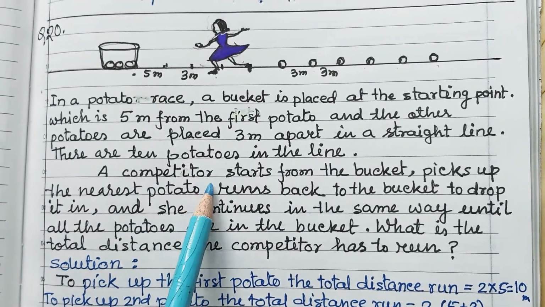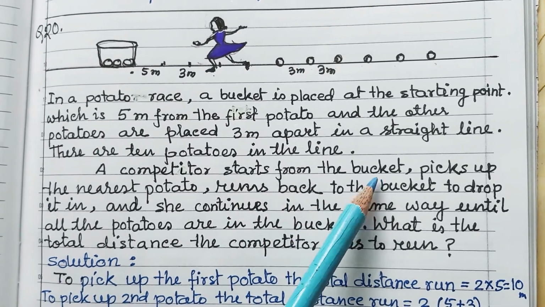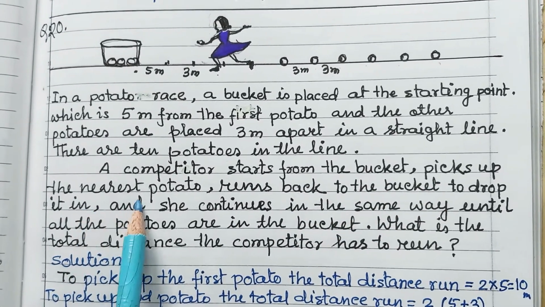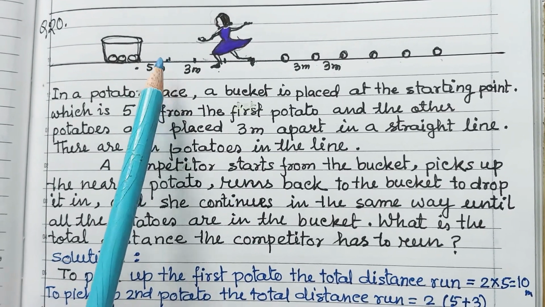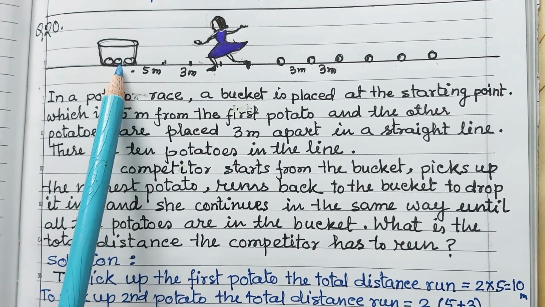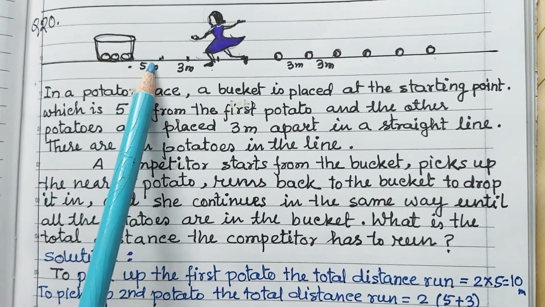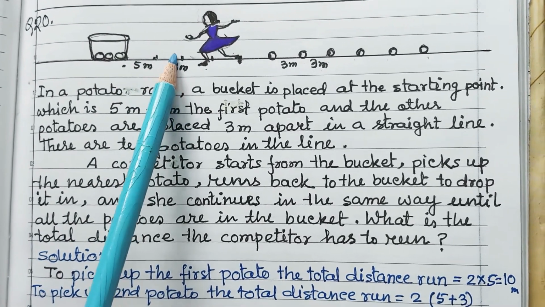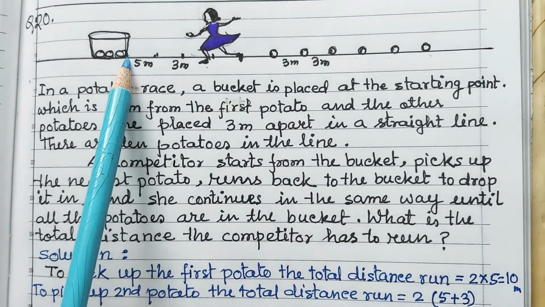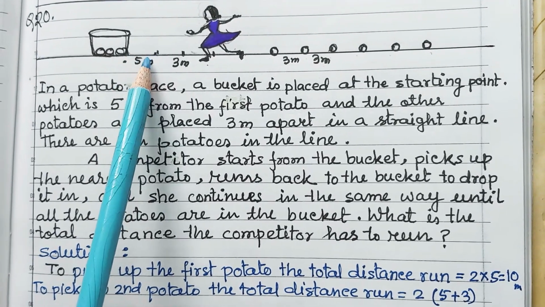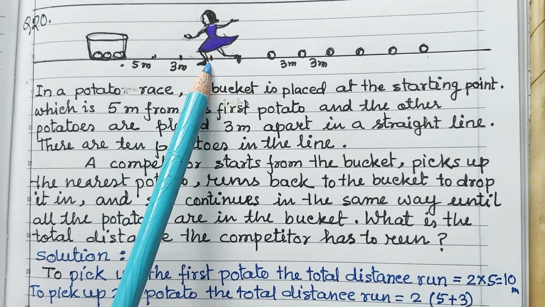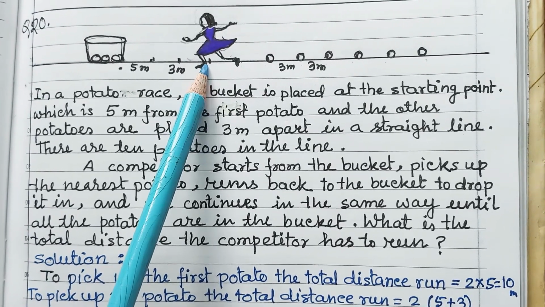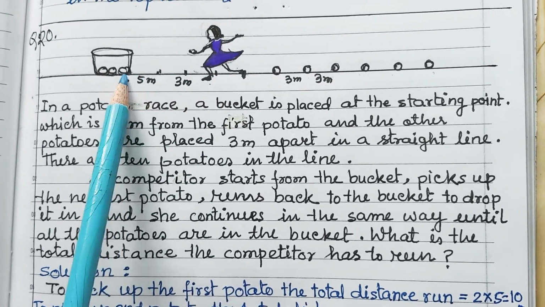A competitor starts from the bucket, picks up the nearest potato, runs back to the bucket with it, and comes again. Again she starts from here, 5 plus 3, and comes back here. Next she runs 5 plus 3 plus 3, 11 metre, then she comes back.